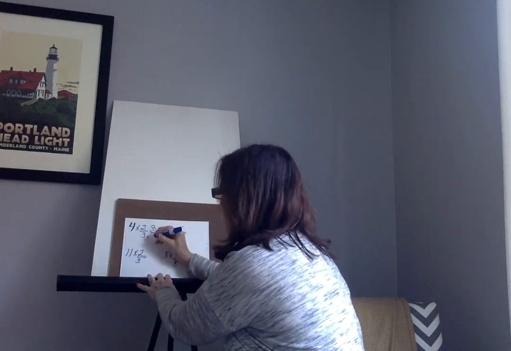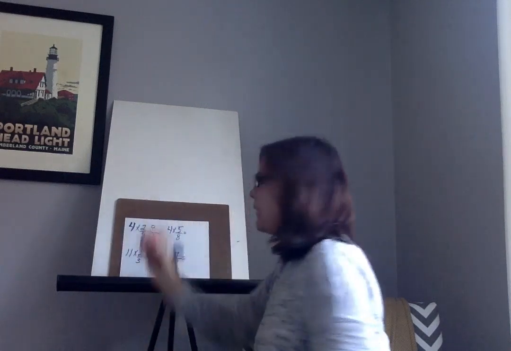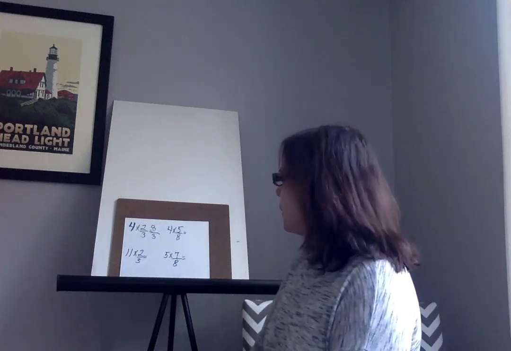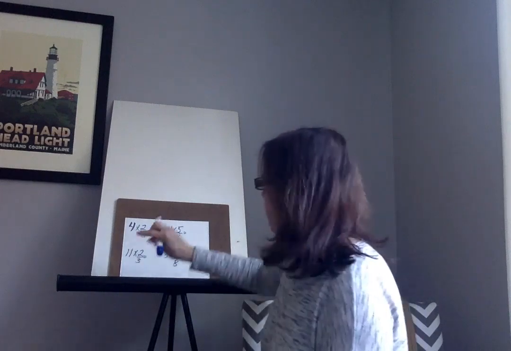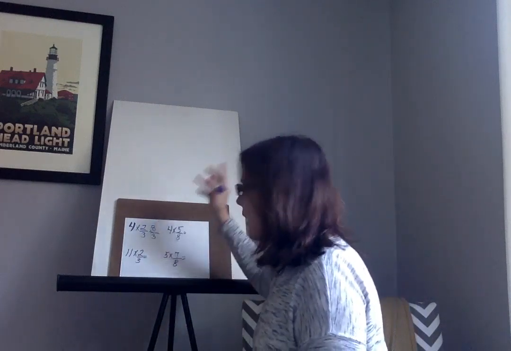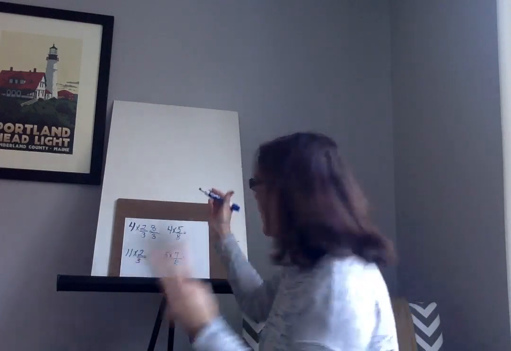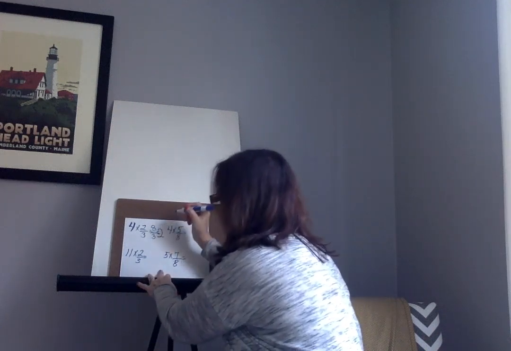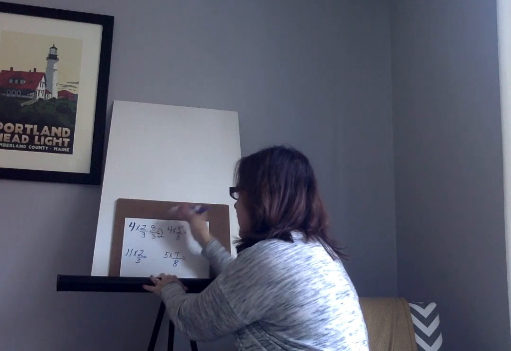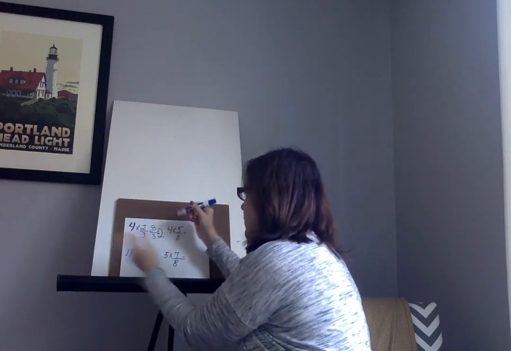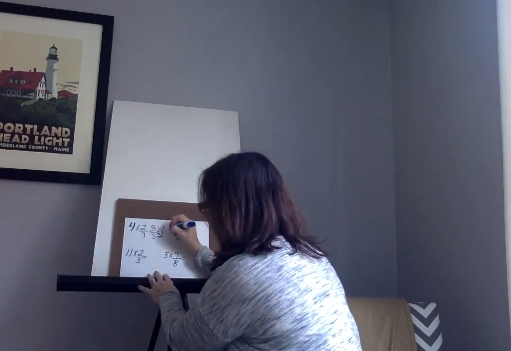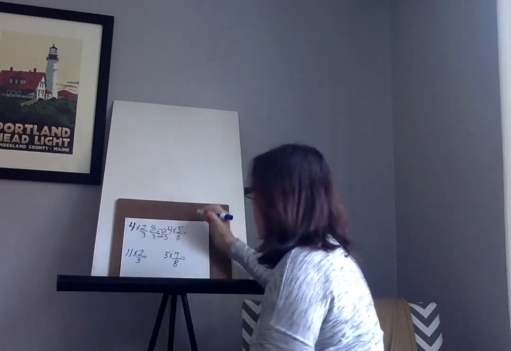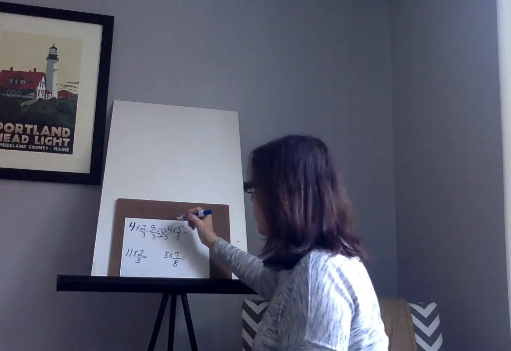And then the denominator stays the same, so we have 8/3, but of course we know 8/3 is an improper fraction. So we're going to turn it into a mixed number. So we're going to say 3 goes into 8. How many whole times? 2 whole times. Because that would be 6, and then there'd be 2 left over, and the denominator stays the same. Okay, so 2 and 2/3.